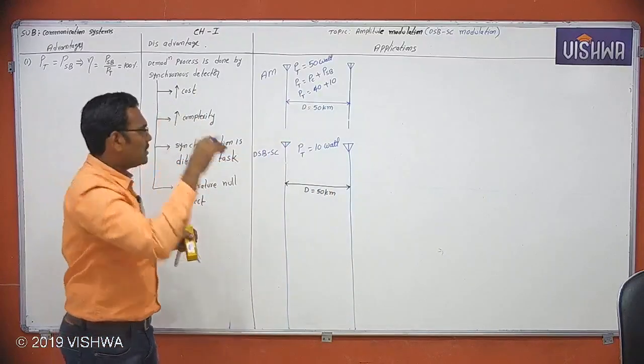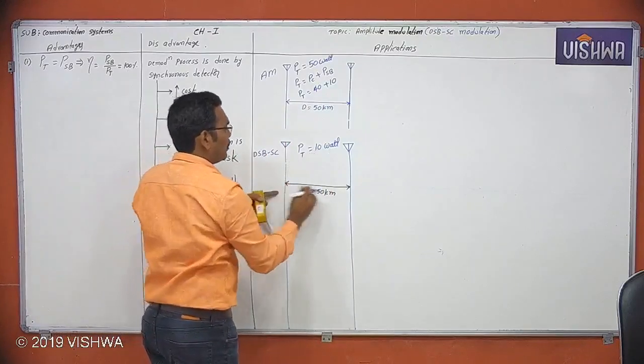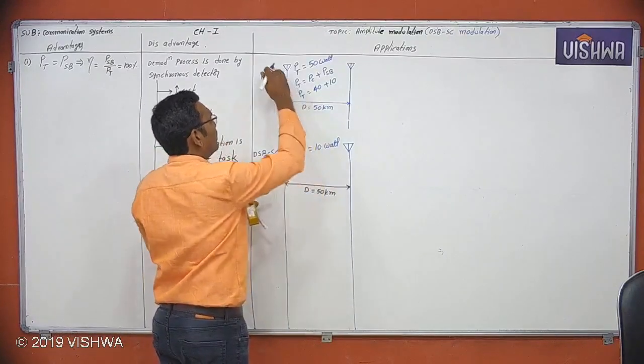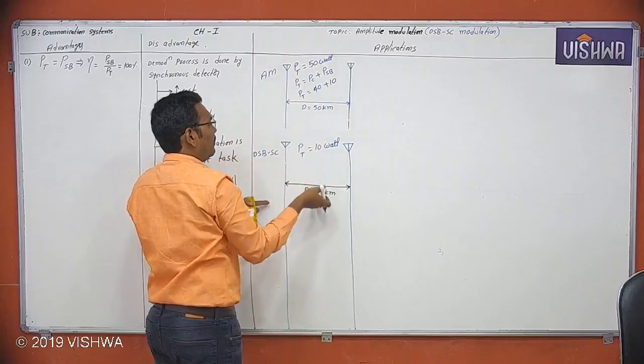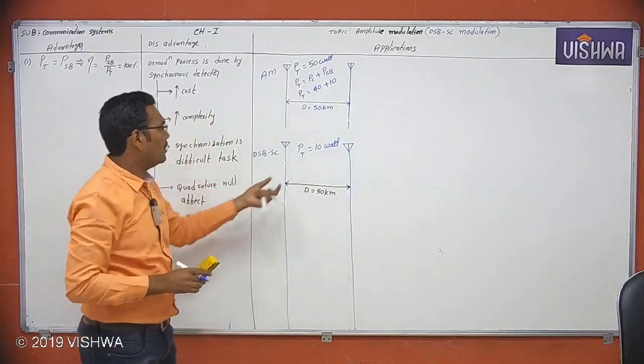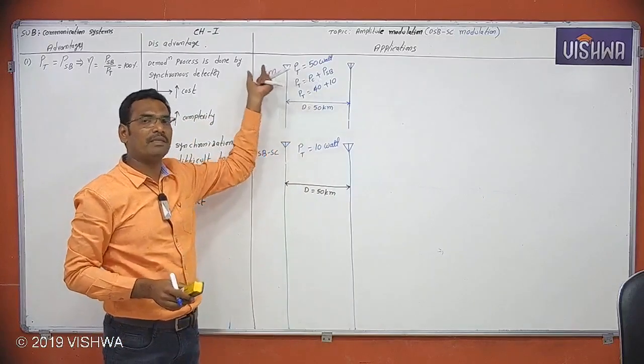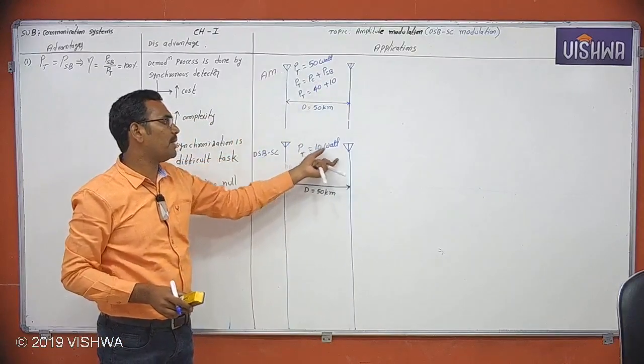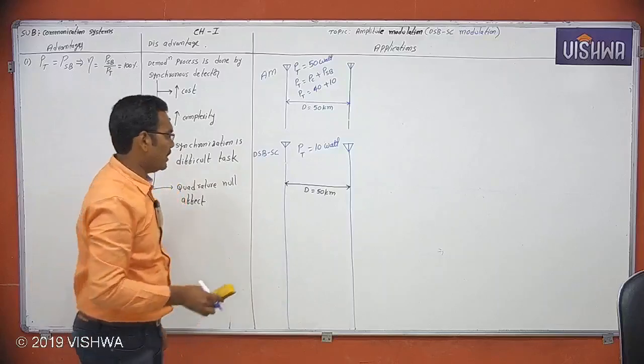Okay, we just require 10 watts power to cover the same distance, which is covered in AM. It will require more power in AM, but DSBSC requires less power to cover the same distance. Understand or not? Same distance is covered by 50 watts in AM. The same distance is covered by 10 watts in case of DSBSC.